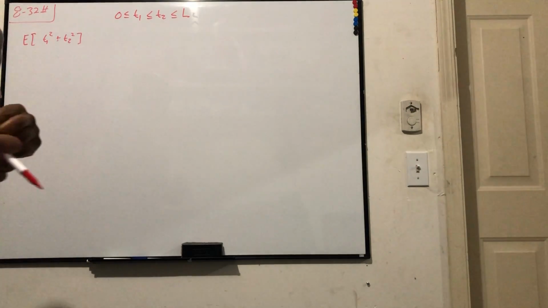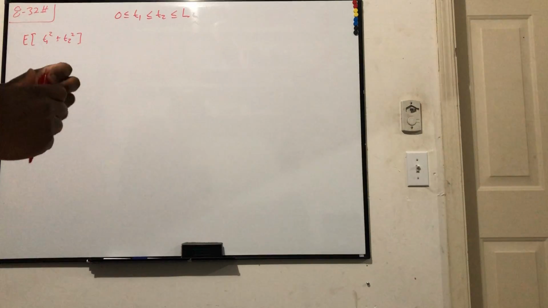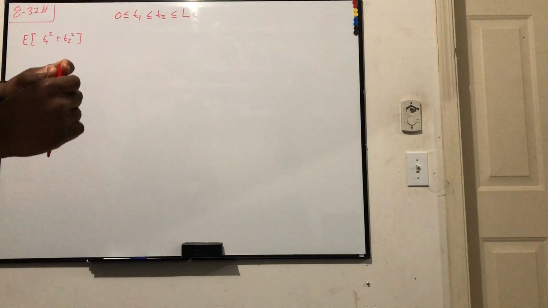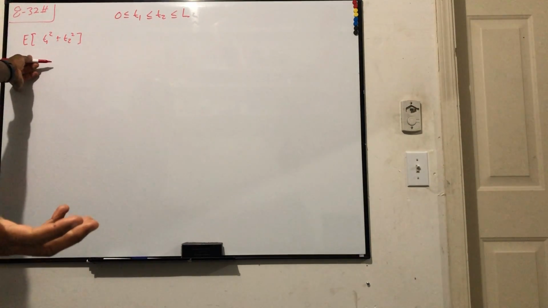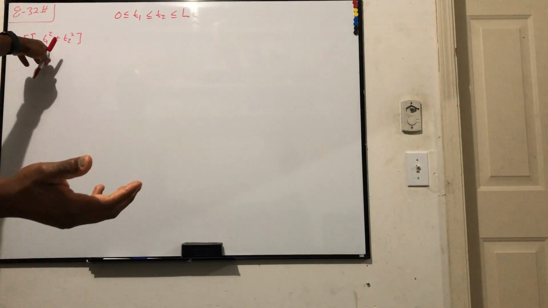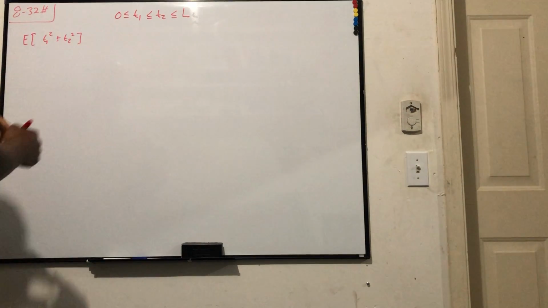So be careful with reading and interpreting what they really want. Determine the expected value of the sum of the squares of T1 and T2. When they said it like that, that's what they expected.